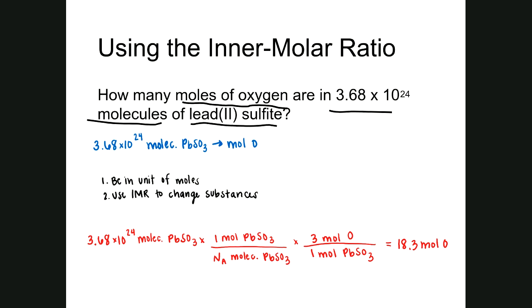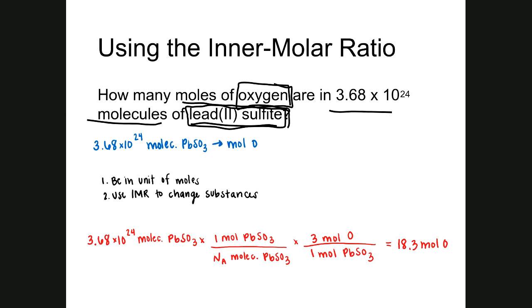Here's how you'll know that you need to use the IMR, the intermole ratio. We're asking for an amount of an element that is present in a compound. That's how we know we need to use the IMR.